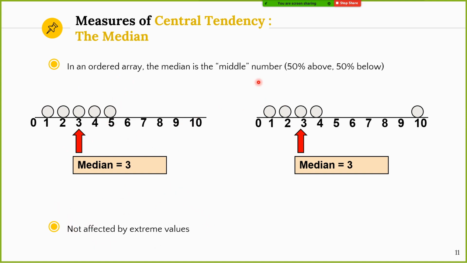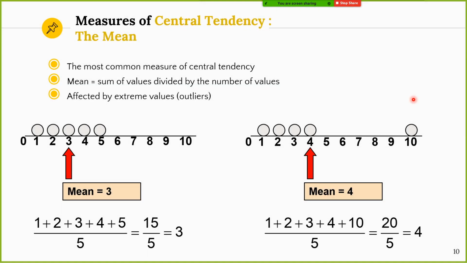If you see on the left and the right, the median is the same, because in this case we have the outliers, but the median is still the same. It's the middle number, even though you have the outlier here. If you compare to the mean, the average, the mean is affected by the extreme value.